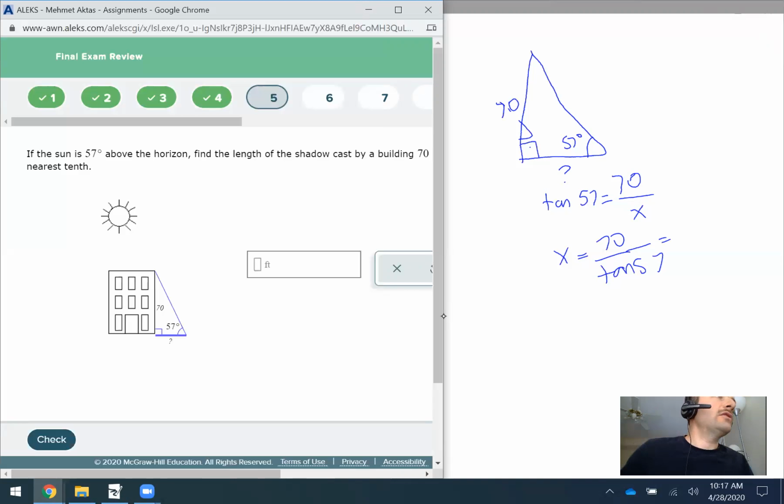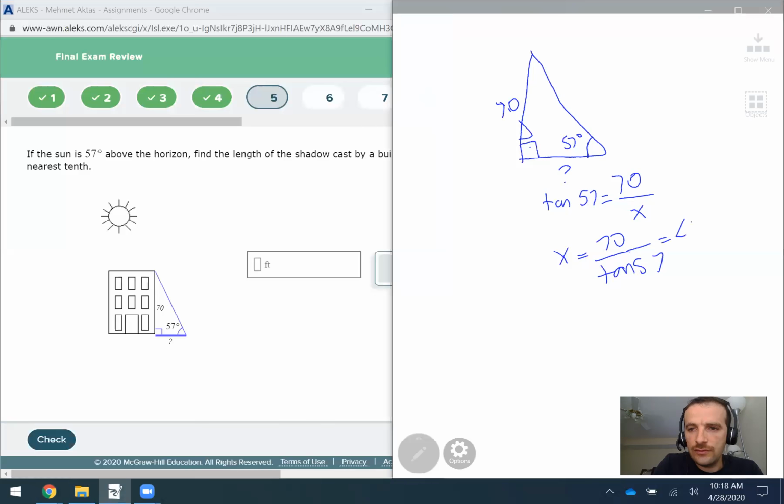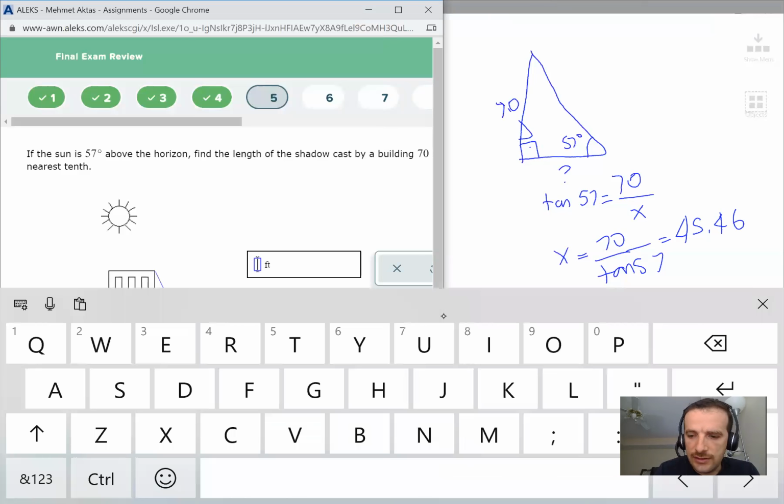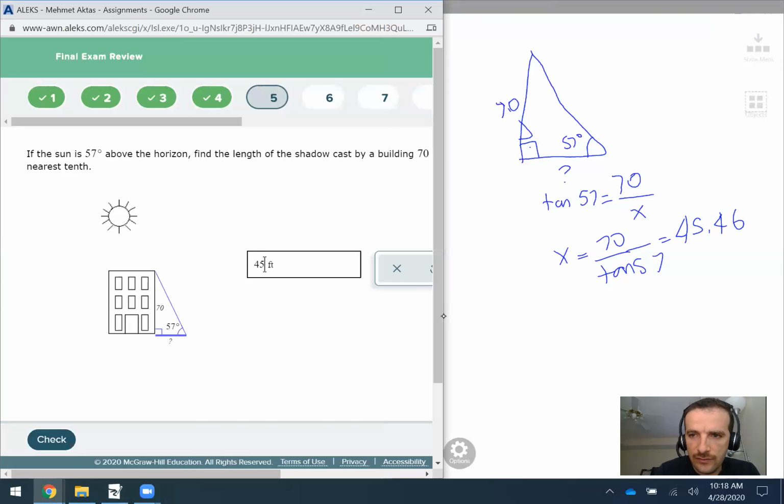Okay, 45.46. If I round to the nearest tenth, the answer would be 45.5. Let's check our answers.